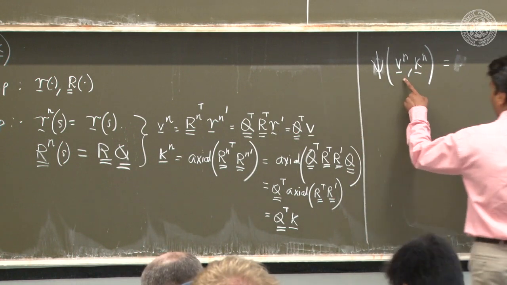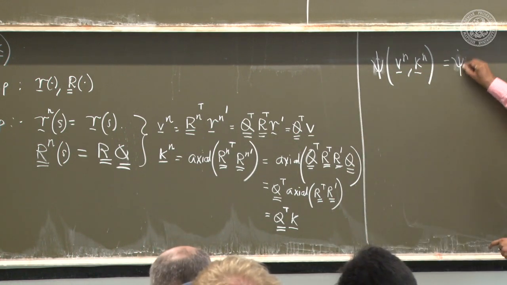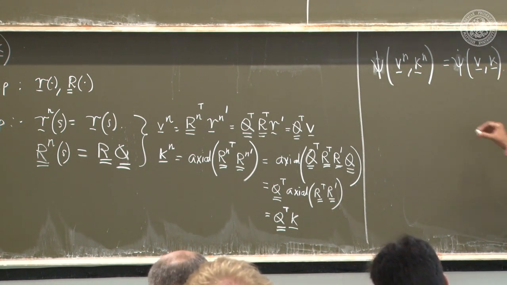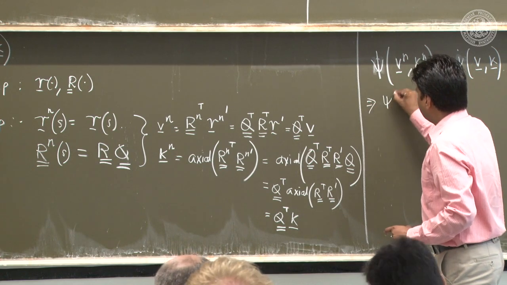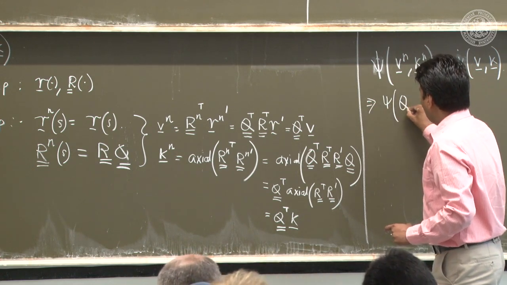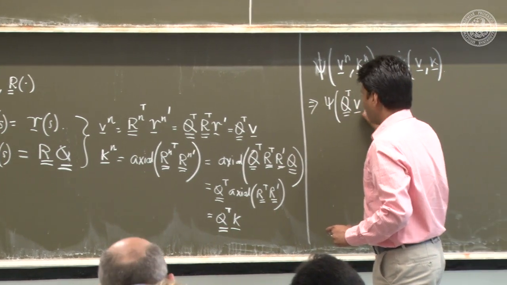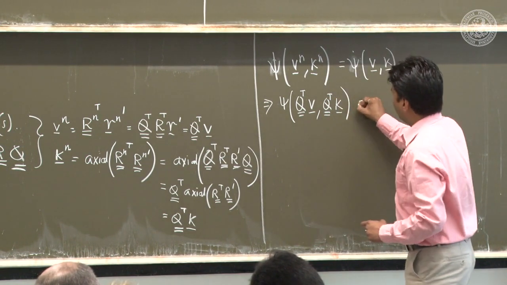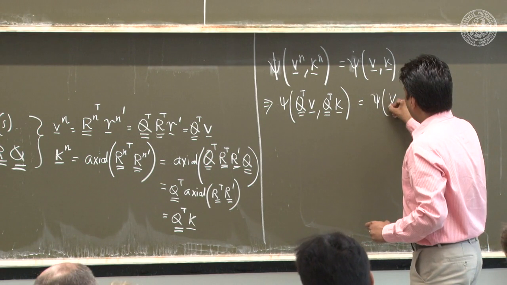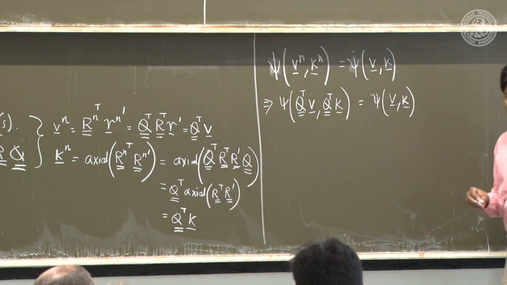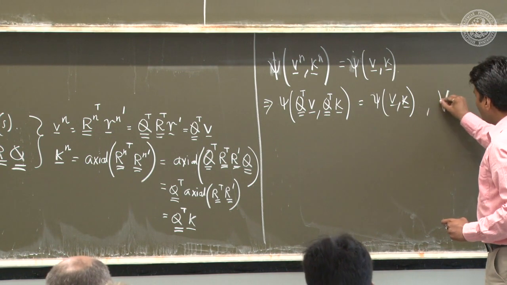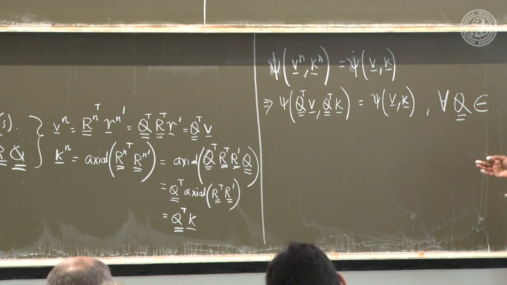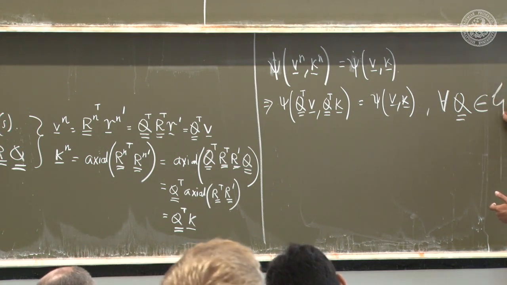Okay, so psi of V new K new would be the same as psi of V old K old, which means psi of Q transpose times V comma Q transpose times K is equal to psi of V comma K for all Q in the symmetry group. You know, we could write it as some symmetry group G.